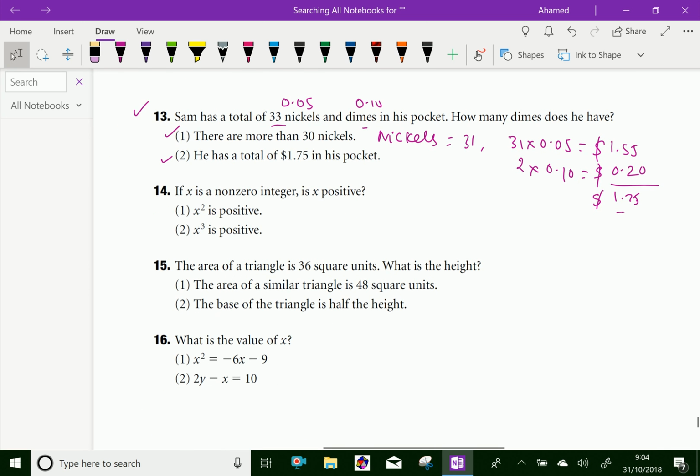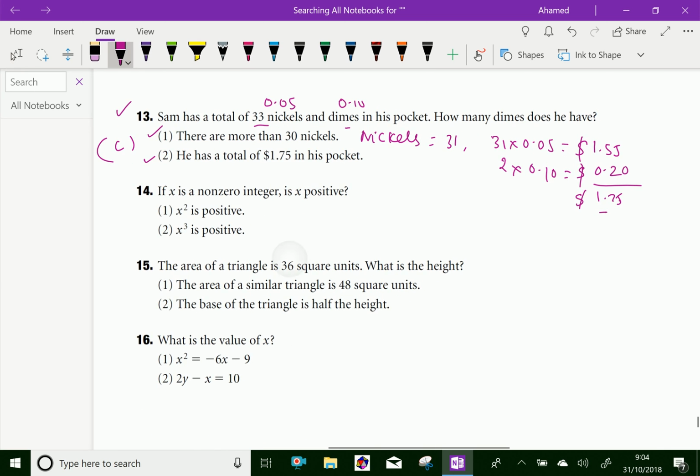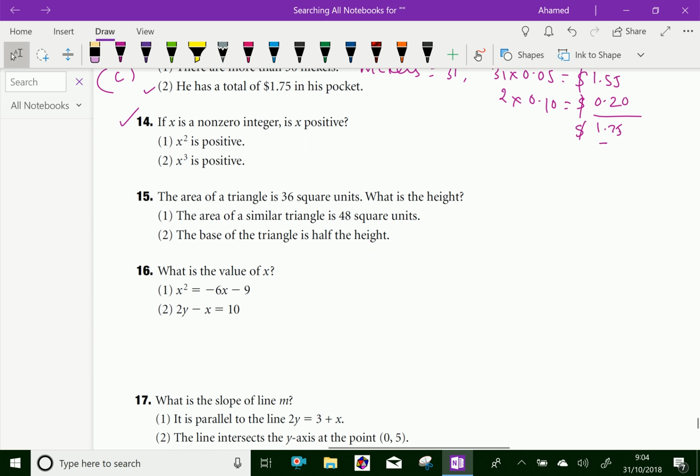Next one, if x is a non-zero integer, is x positive? The question is x is positive if x is non-zero integer. First condition, x squared is positive. Suppose take x equal 2, and therefore x square equal 2 into 2, 4.